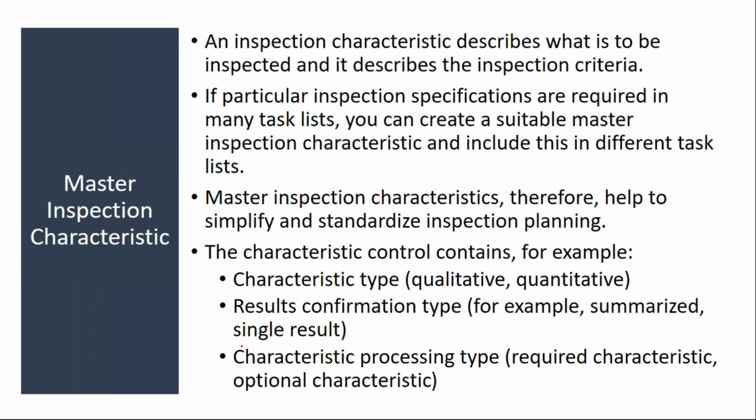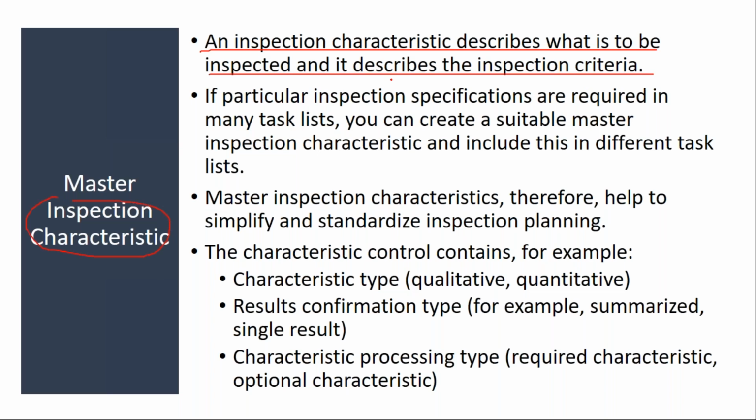Okay. So basically the master inspection characteristic is an inspection characteristic that describes what is to be inspected, and it describes the inspection criteria. So inspection characteristics is nothing but, for a particular material or a product, what parameters you are going to check, what attributes of a particular material or product you are going to inspect. Those are called inspection characteristics. Okay, like let's say you have a liquid material.